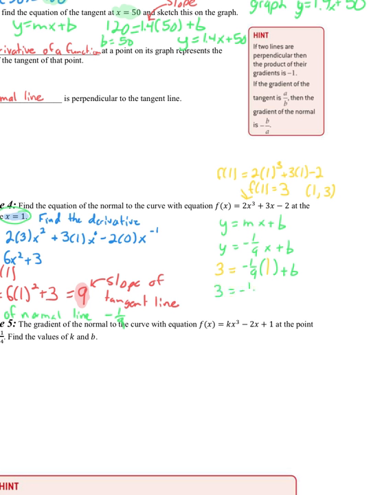So I get 3 equals negative 1/9 plus b, add 1/9 to both sides, and 3 is the same as 27/9 plus 1/9, so it's going to be 28/9.